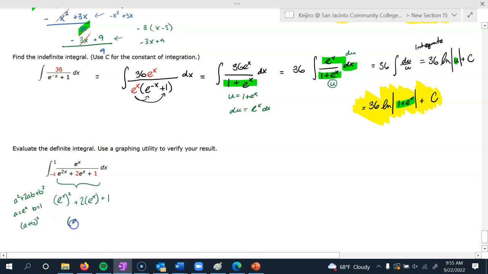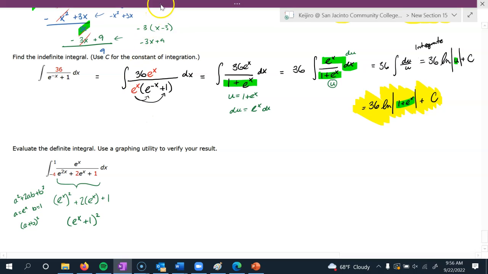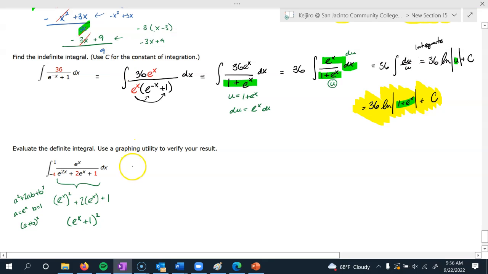So this is really e to the x plus 1 as a binomial, in parentheses squared. And so this is the integral from negative 4 to 1 of e to the x over the binomial e to the x plus 1 squared dx.